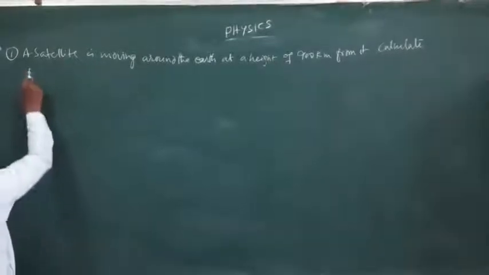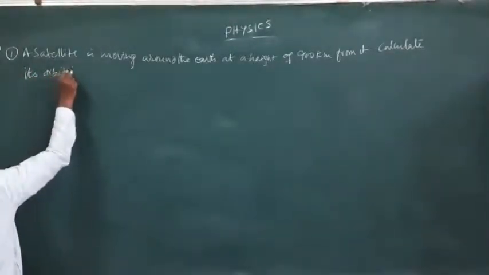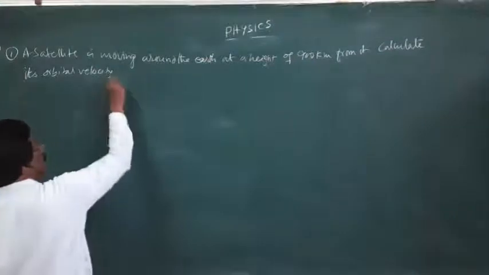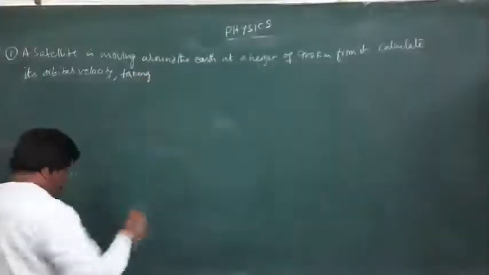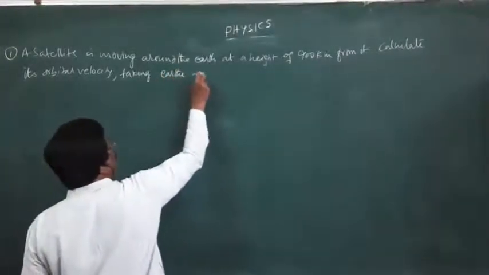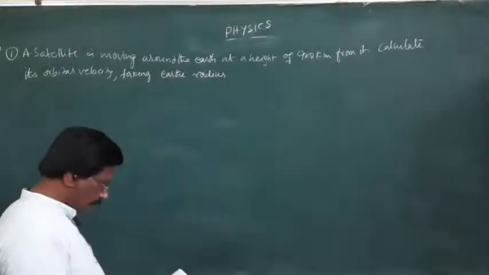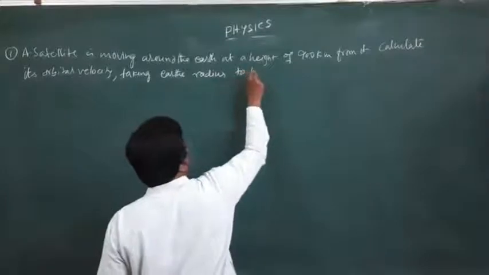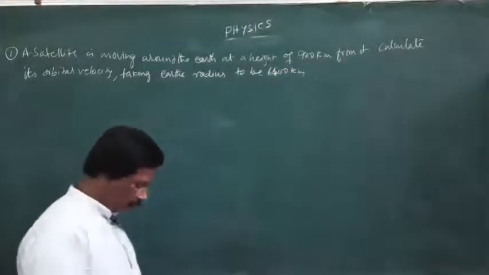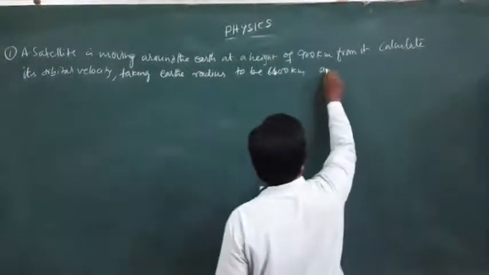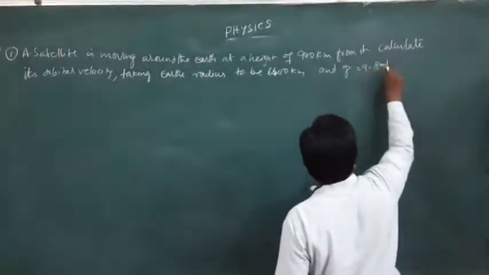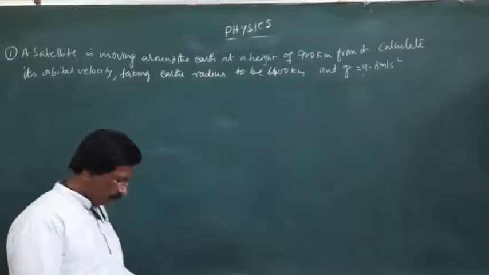Calculate its orbital velocity. Taking the Earth's radius to be 6,400 kilometers and g equal to 9.8 meter per second square.